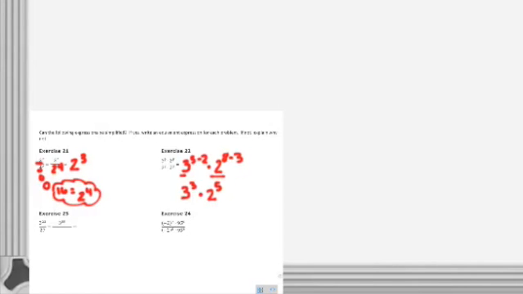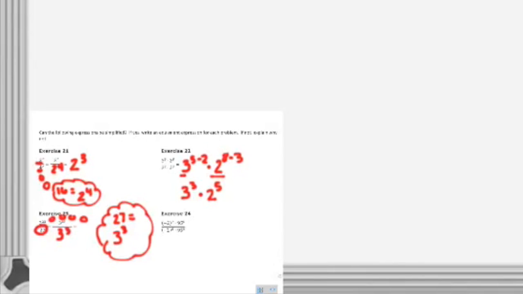For exercise 23, we have 3 to the 23rd over 27, which again, not the same base, but we want to think about how we can write 27 differently. So if we think it through, then 27 is the same as 3 to the 3rd, so we can write that as 3 to the 3rd.